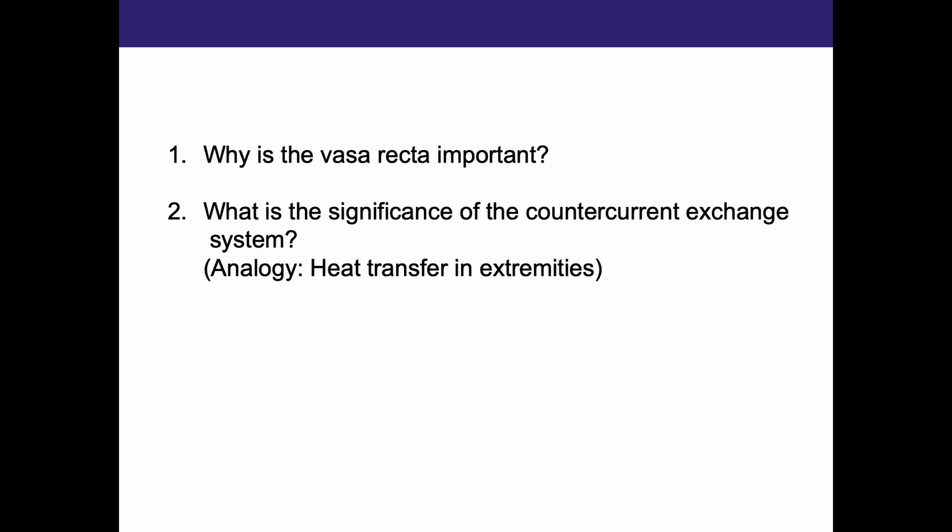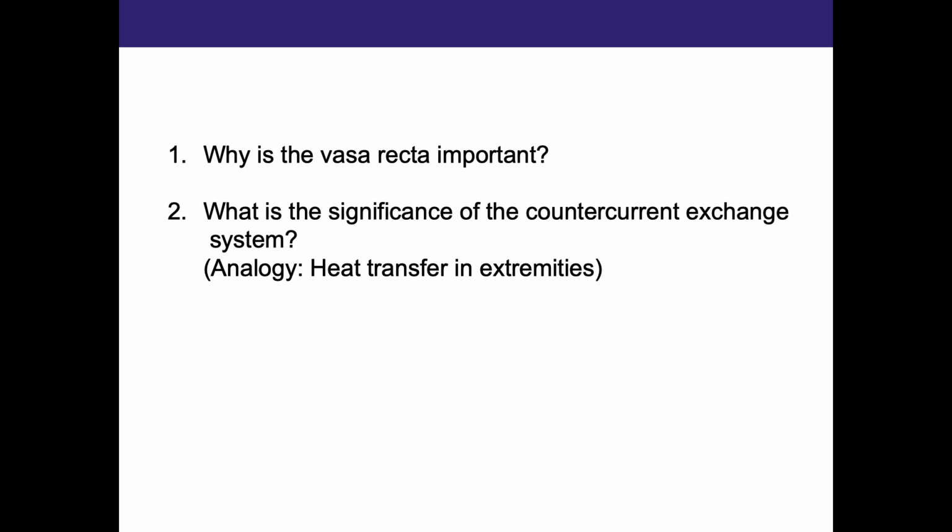Why is that necessary? To maintain the osmotic gradient, absolutely. Number one. Perfect. For reabsorption and secretion, absolutely. When you reabsorb or secrete molecules, you have to have the blood supply right next to it.